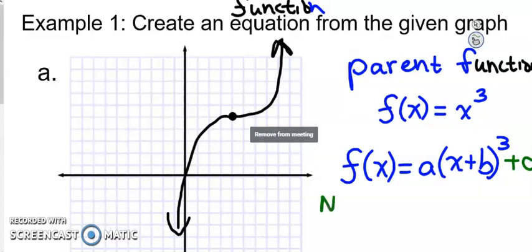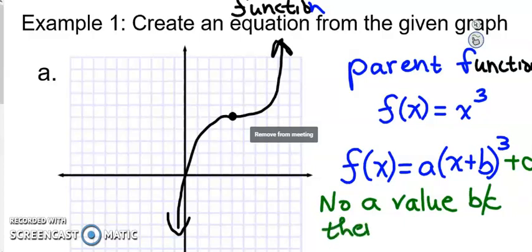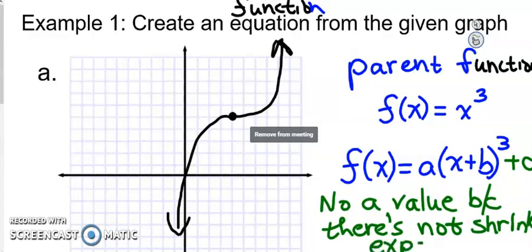No a value, because there's no shrinking or expanding, no compressing or widening. So pretty much it looks the same. So at that point, there's no a.